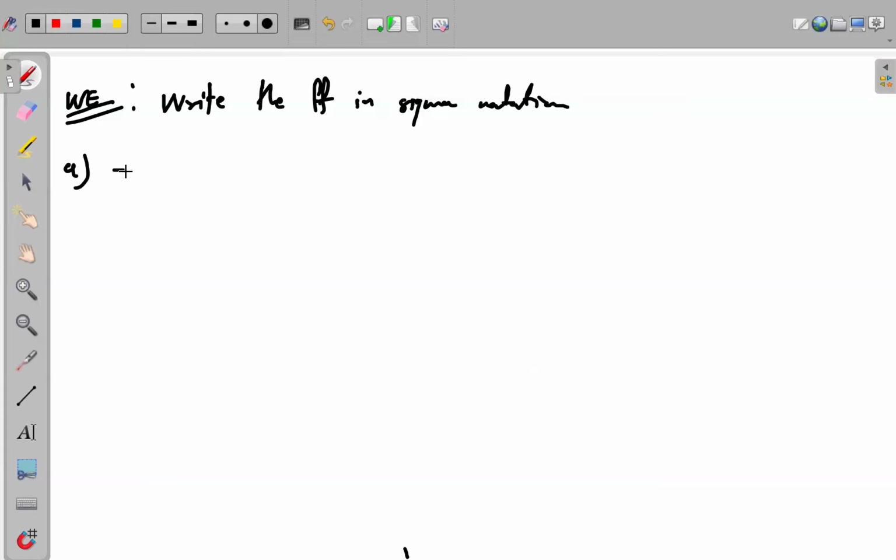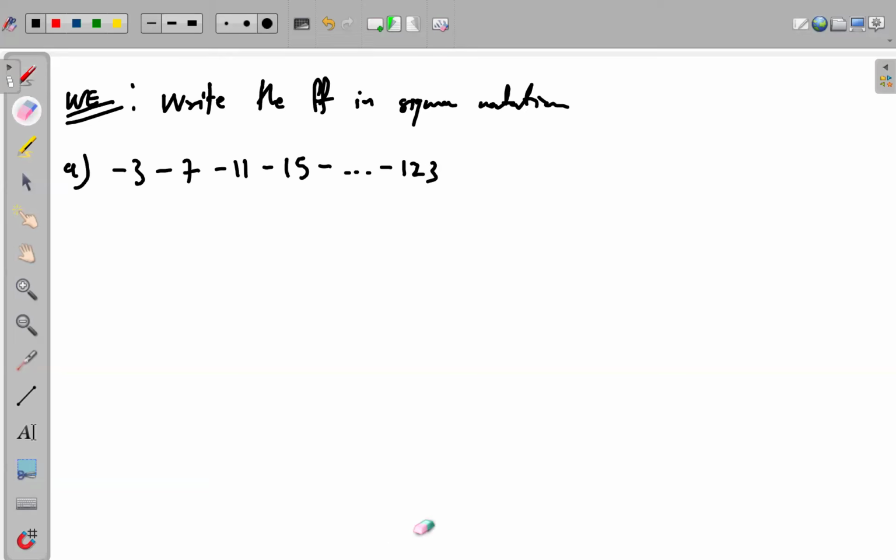I've got a -3, a -7. I'm just subtracting here, and this goes on and on. Take note, up to a -123. So we want to write this in sigma notation.